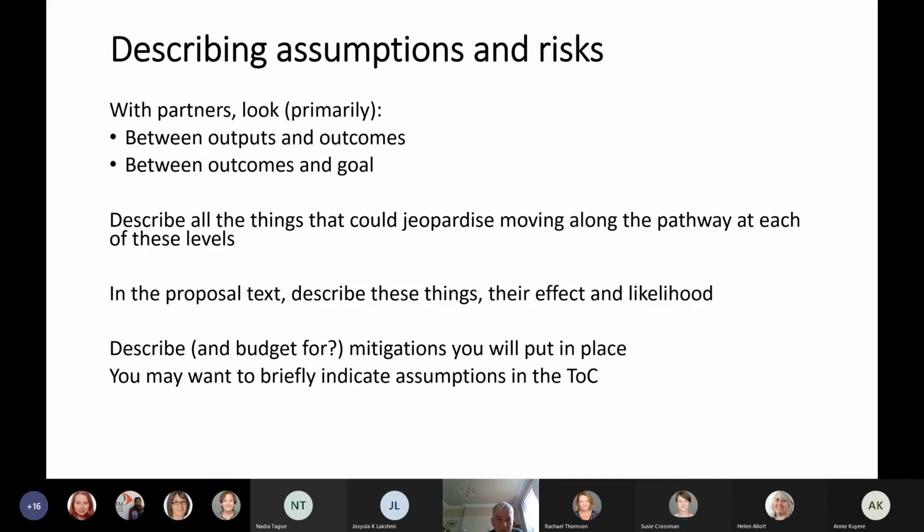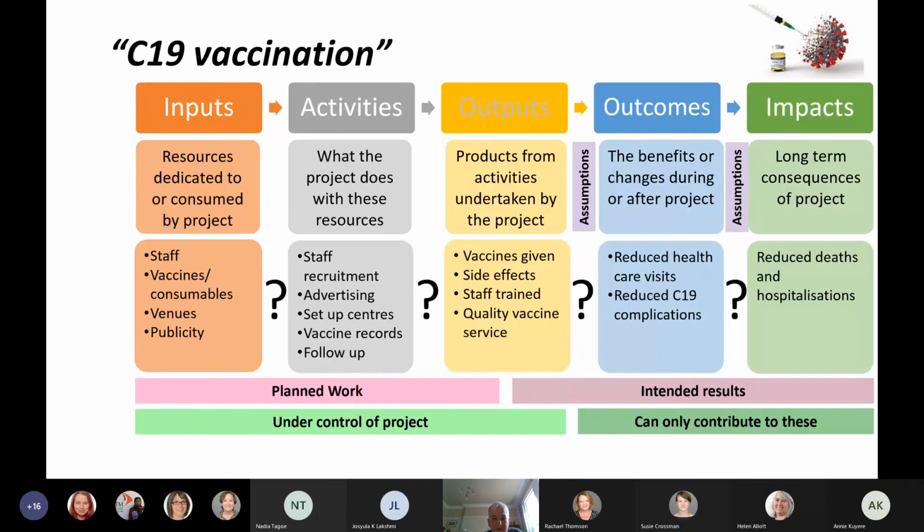So if I just go back to this one, if you look at the outputs for this COVID vaccination centre, they are the number of vaccines given, maybe side effects of the vaccines documented, staff trained, providing a quality service. And then your outcomes, which are not in your control, are reducing the number of healthcare visits, reducing chronic COVID complications.